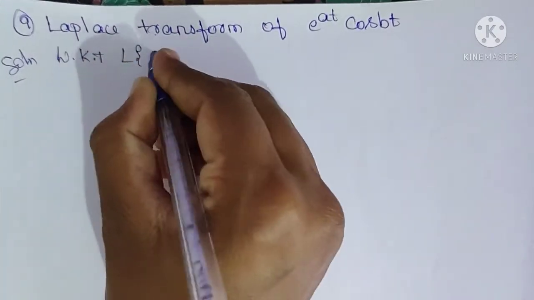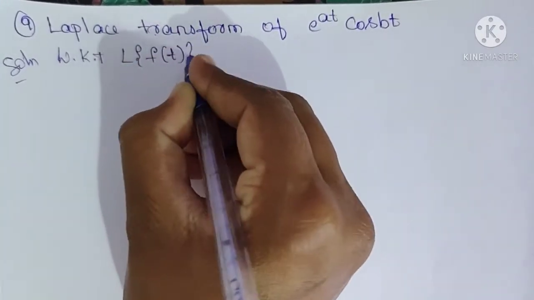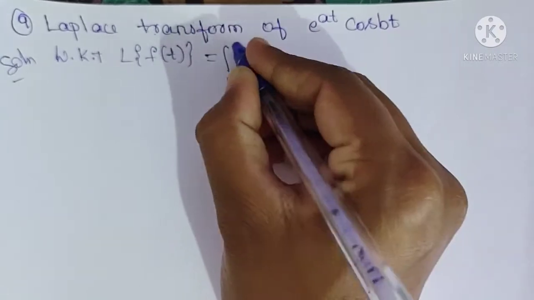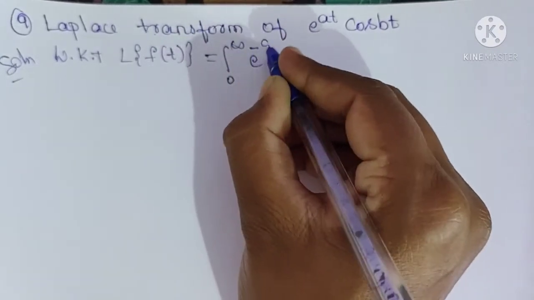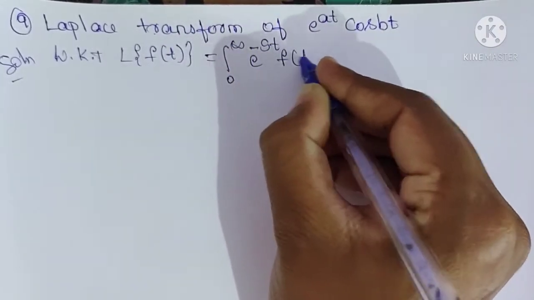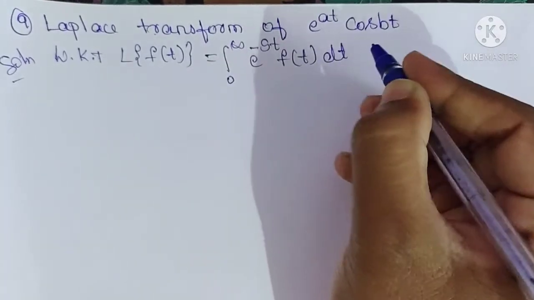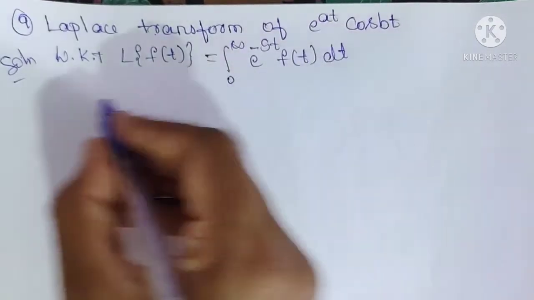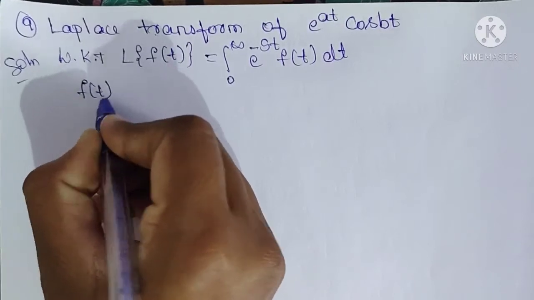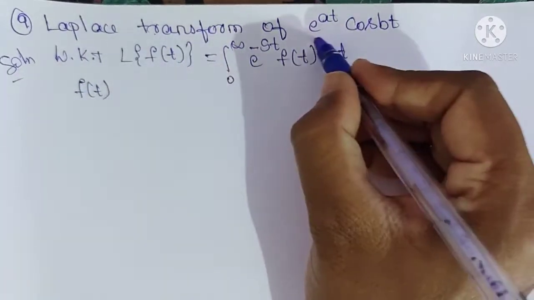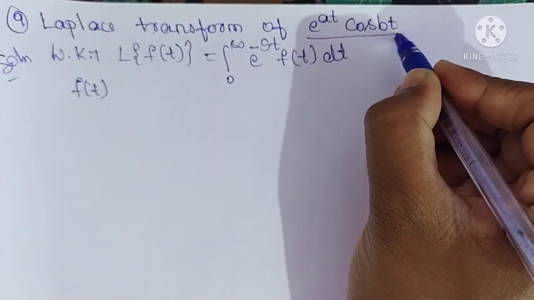L of f of t is equal to integral from 0 to infinity e power minus st f of t dt, by the definition of Laplace transformation. Here we have to find the Laplace transformation of the function e power at into cos bt.